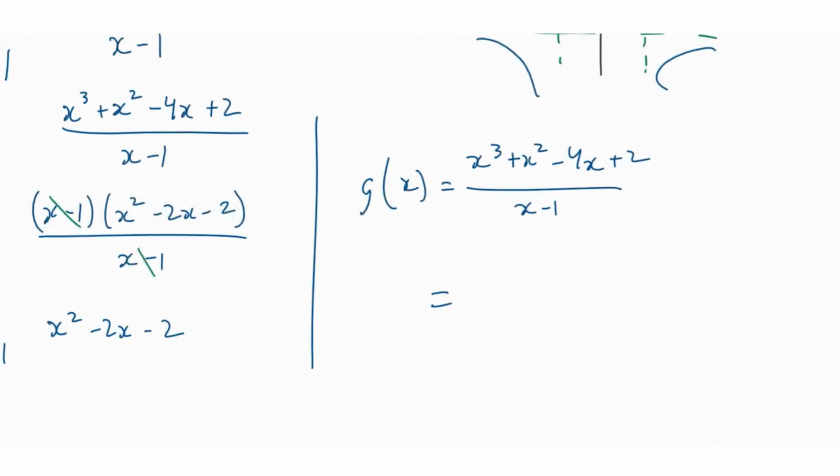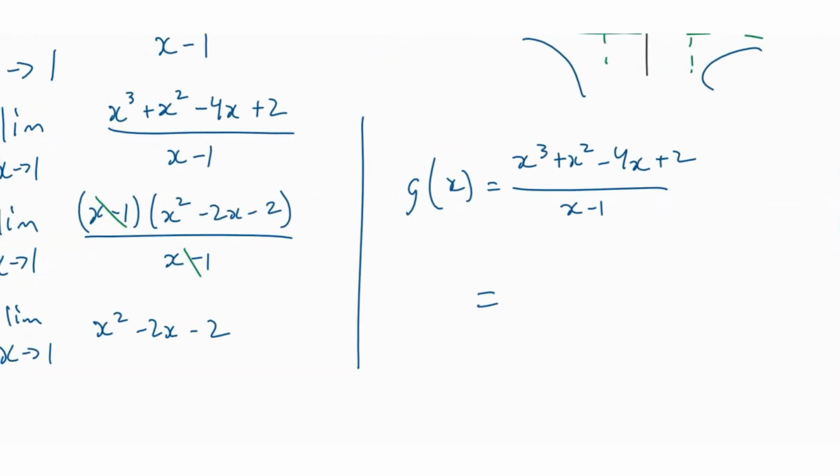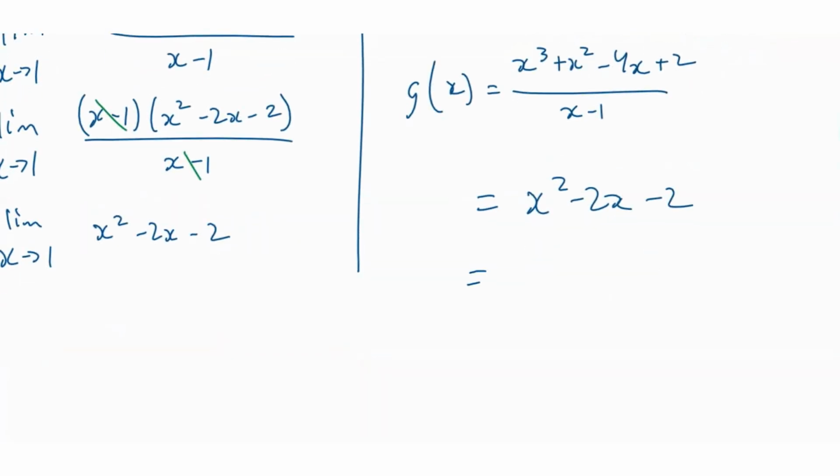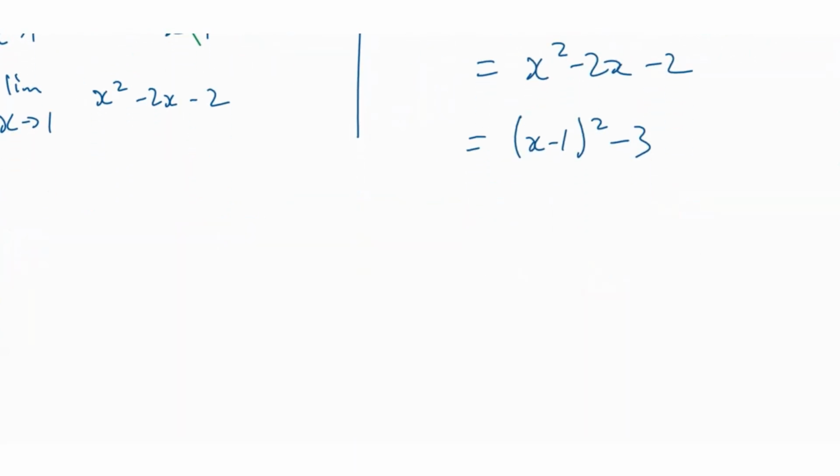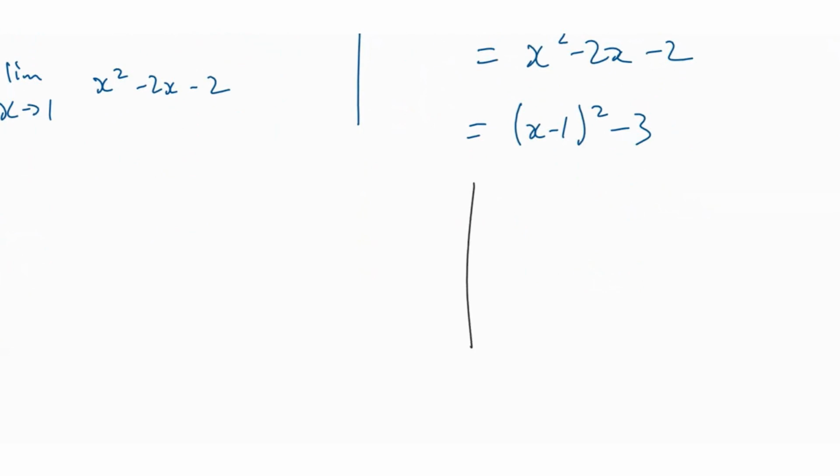It would look like what's left after I take the hole out. And if I complete the square, I could actually sketch it. Okay, so this has a shift to the right 1 and down 3, and it's a parabola.